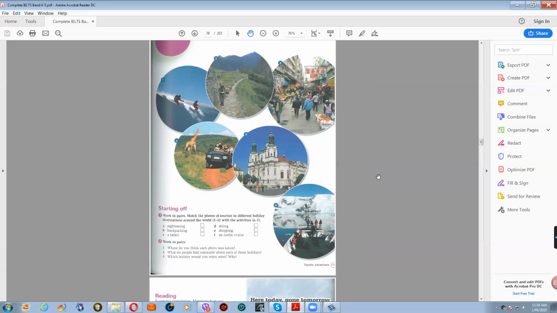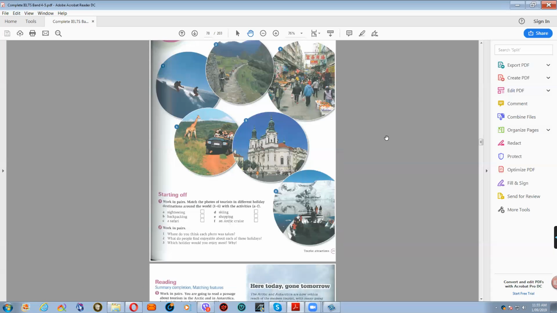Three, shopping. Number four. Sightseeing. Nope. Safari. Number five. What does that mean? Number five, Arctic cruise. Nope, that's number six. Sightseeing. Okay.